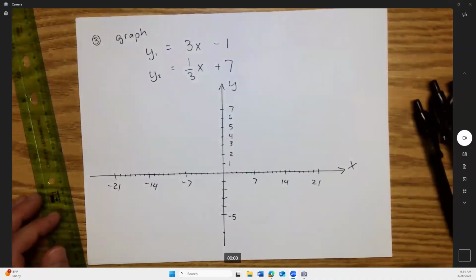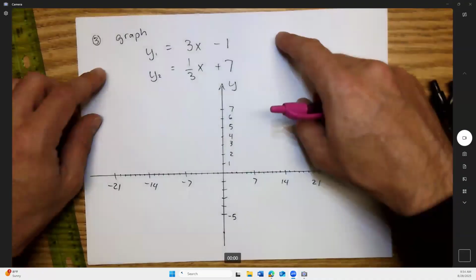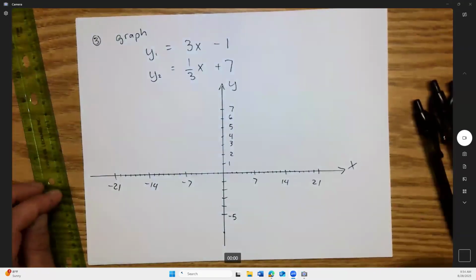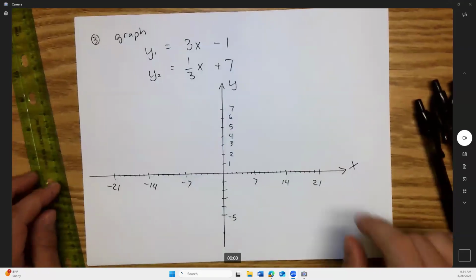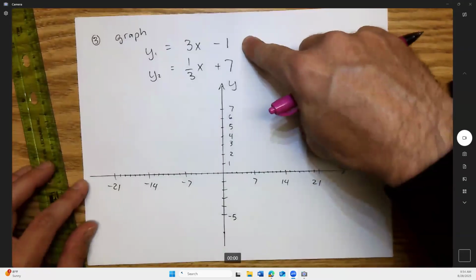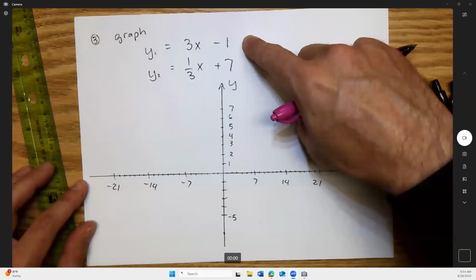They're each written in slope-intercept form. Got y equals mx plus b, y equals mx plus b. All right, so this first one, y equals 3x minus 1.